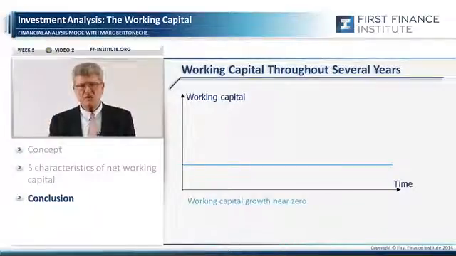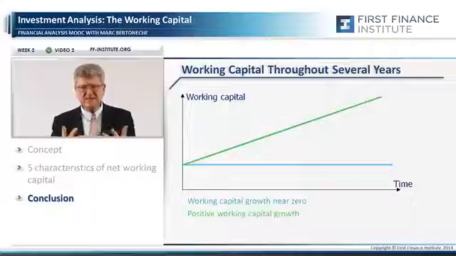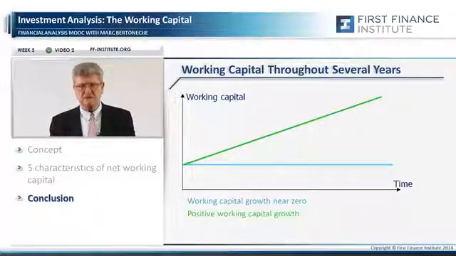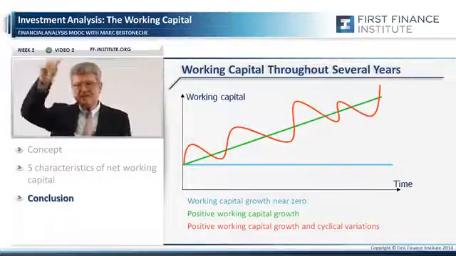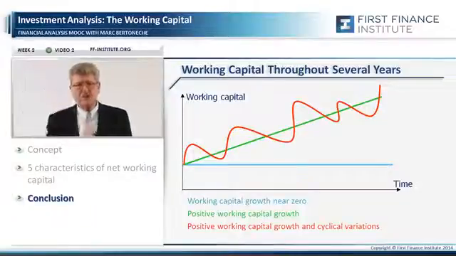Then we add the variable part, the one needed to grow your business. We all understand that if you double your sales with the same credit policy to your customers, your accounts receivables will double too. And finally, we add the seasonal part within each period, within each year, for example.